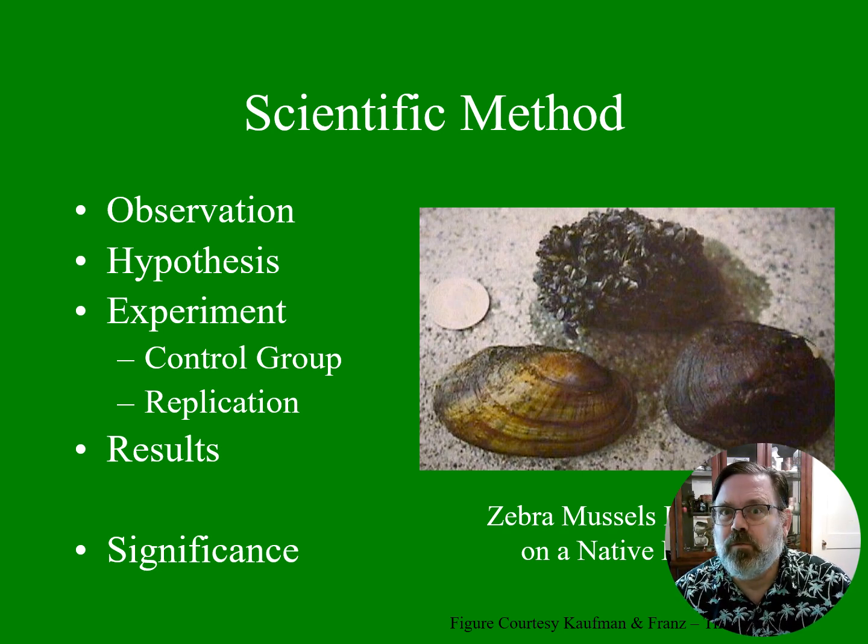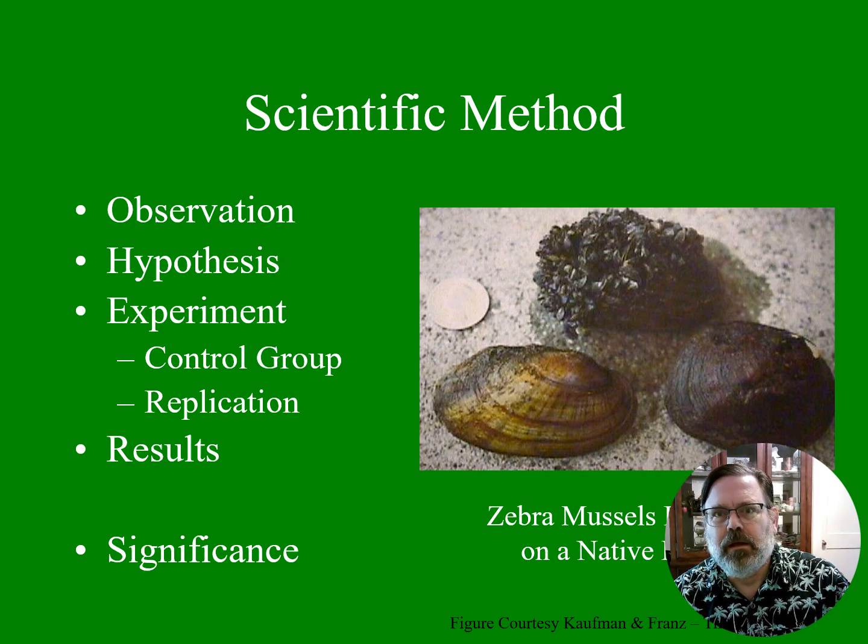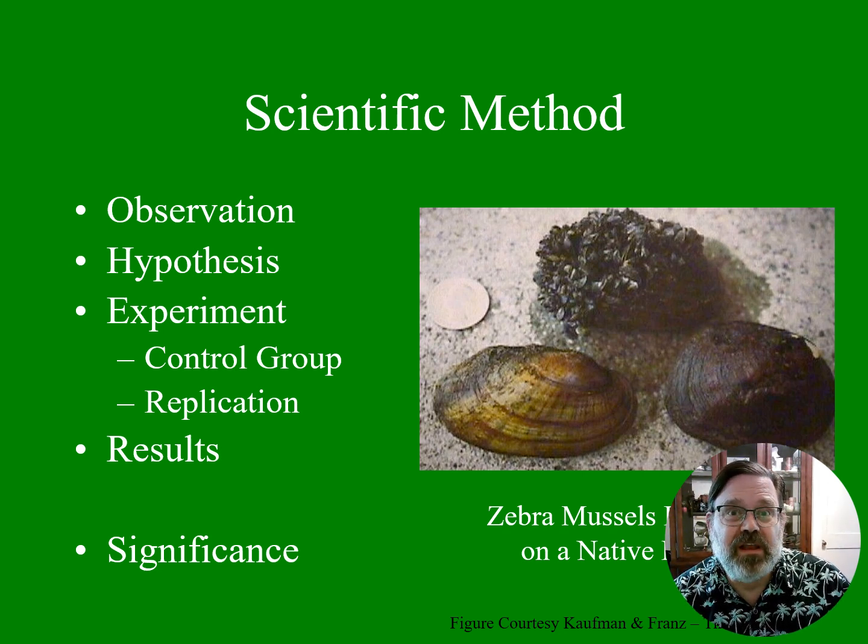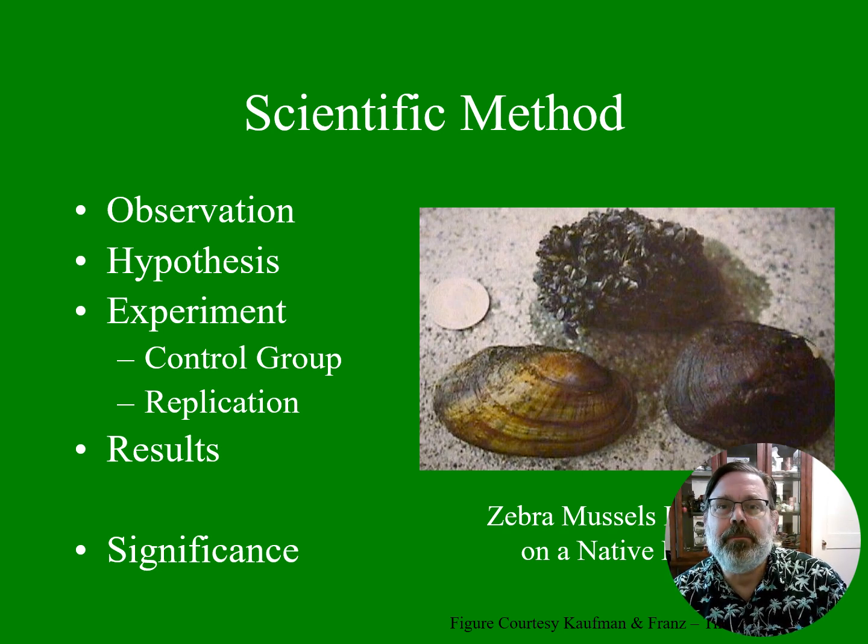So a question was, are these having a negative effect on the native clams and mussels that live there? And so Dave Berg did an experiment whereby he manipulated whether there were zebra mussels or not zebra mussels, and then kept these mussels alive in cages.